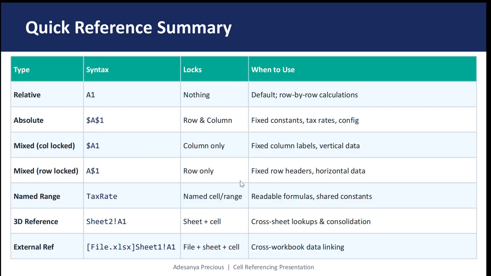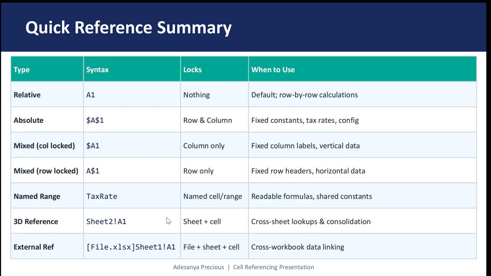Now, quick reference summary. I told you about relative referencing. It locks nothing. Absolute locks rows and column. Mixed column locked locks column only. Mixed row locked locks row only. Named range is where we name our cell to a readable name.